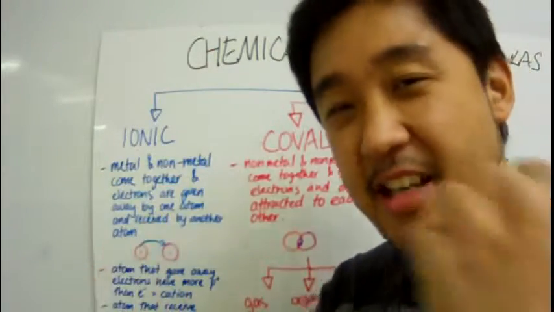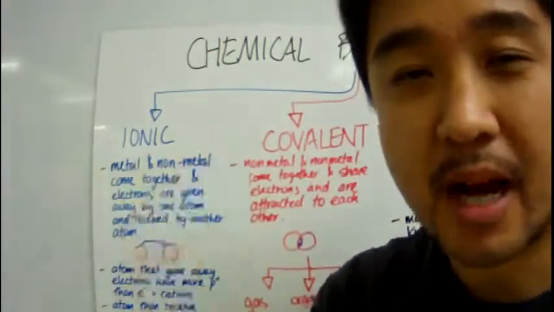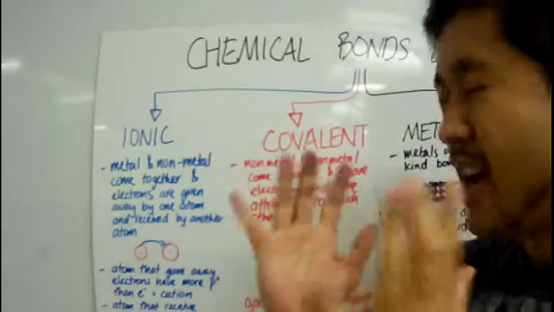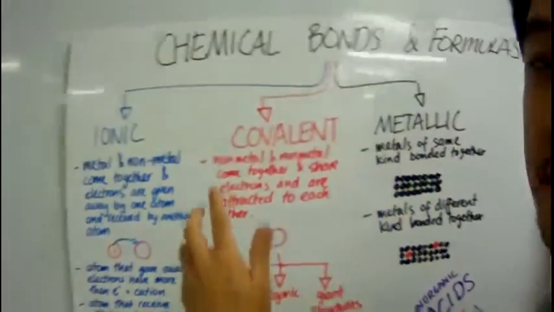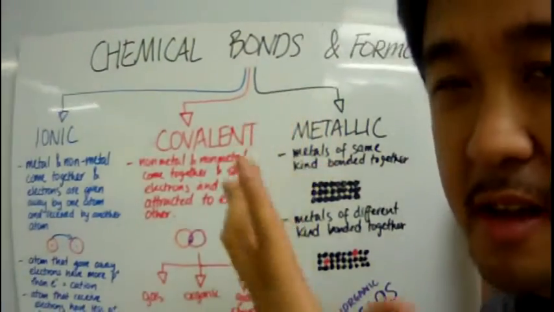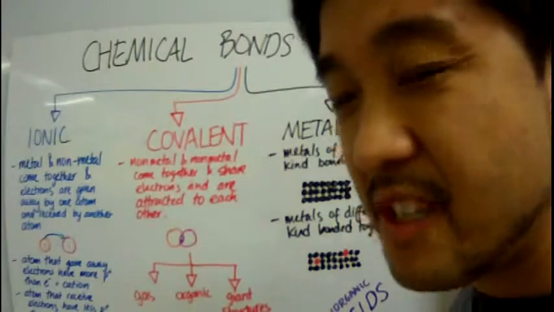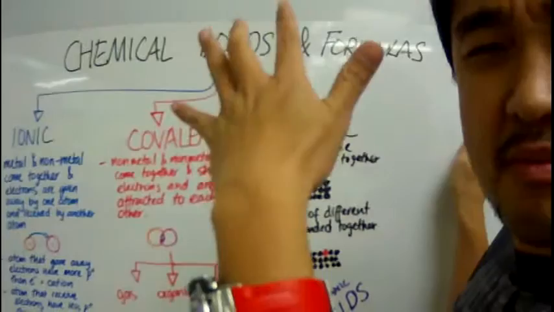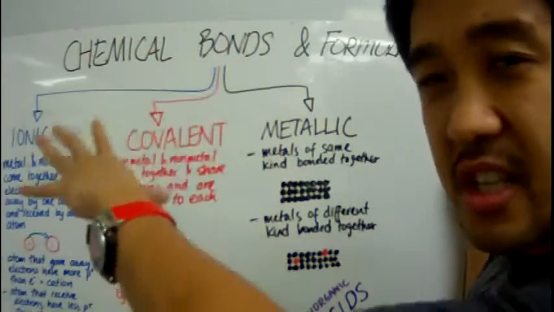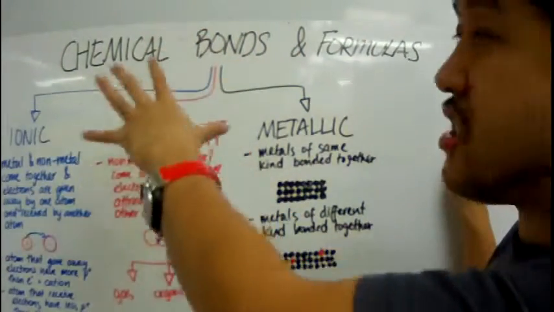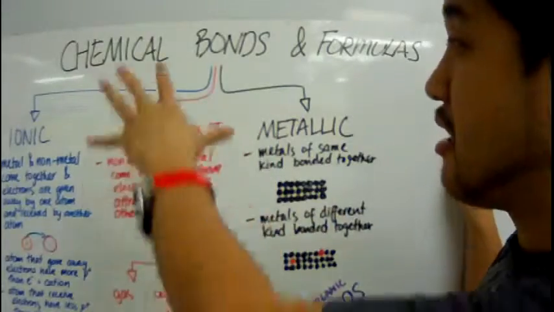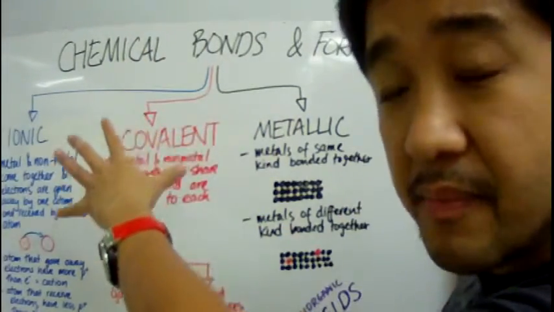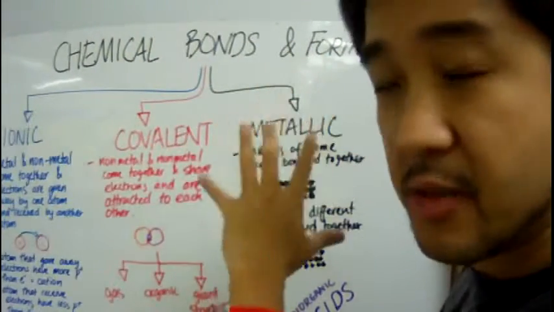I'm back again, and we're going to talk about chemical bonds and formulas. Before I begin, it would be great to tell you that your book and the curriculum teach this as two different units: the chemical bonds aspect of it and the chemical formulas aspect of it.